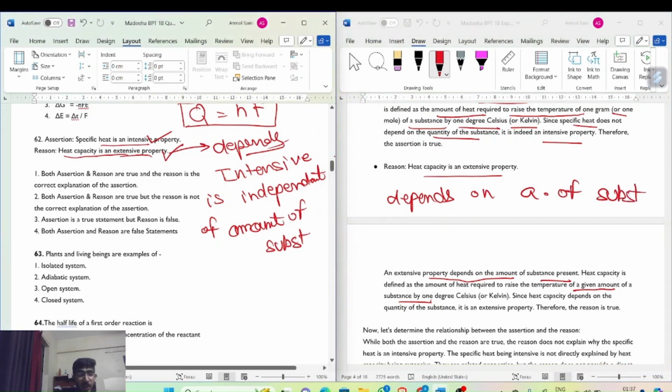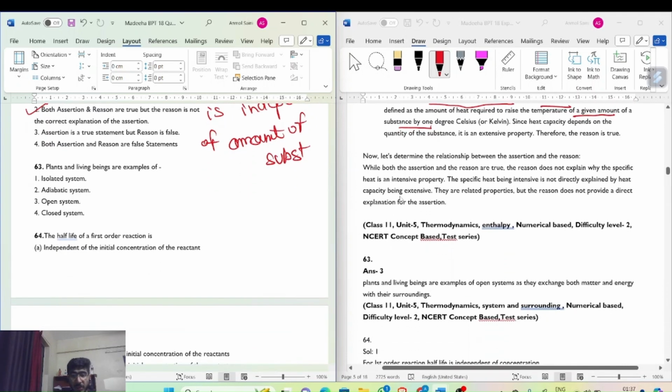So we have the correct assertion, we have the correct reason, but the reason is not the correct explanation of the assertion. So option number 2 will be correct because both assertion and reason are true, but the reason is not the correct explanation of the assertion. So the correct option is 2.